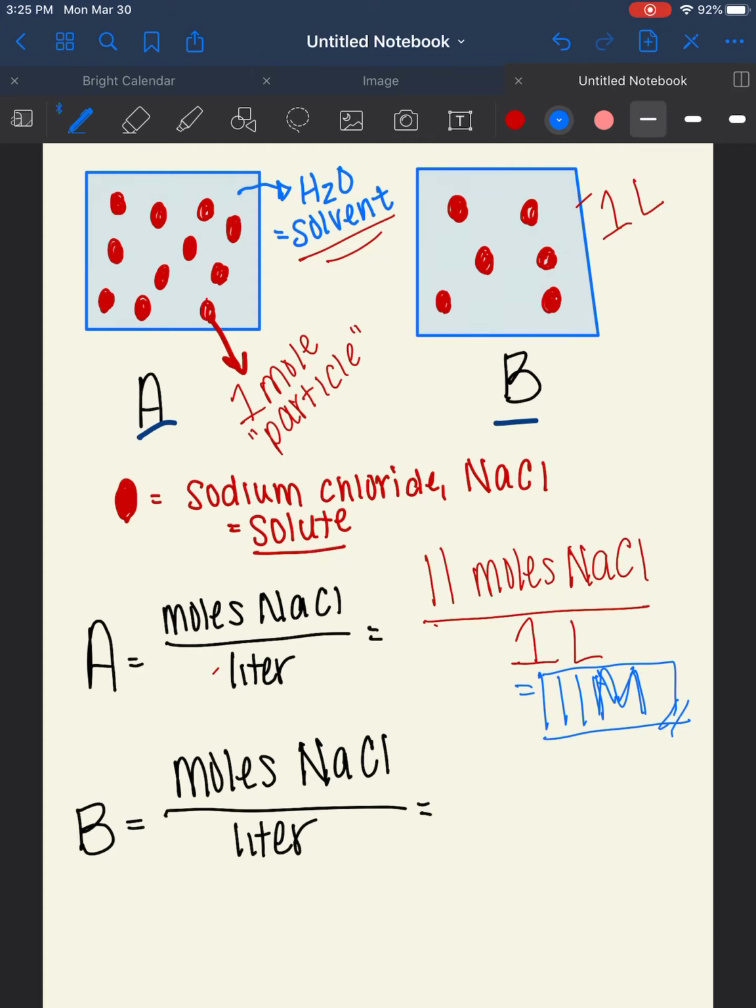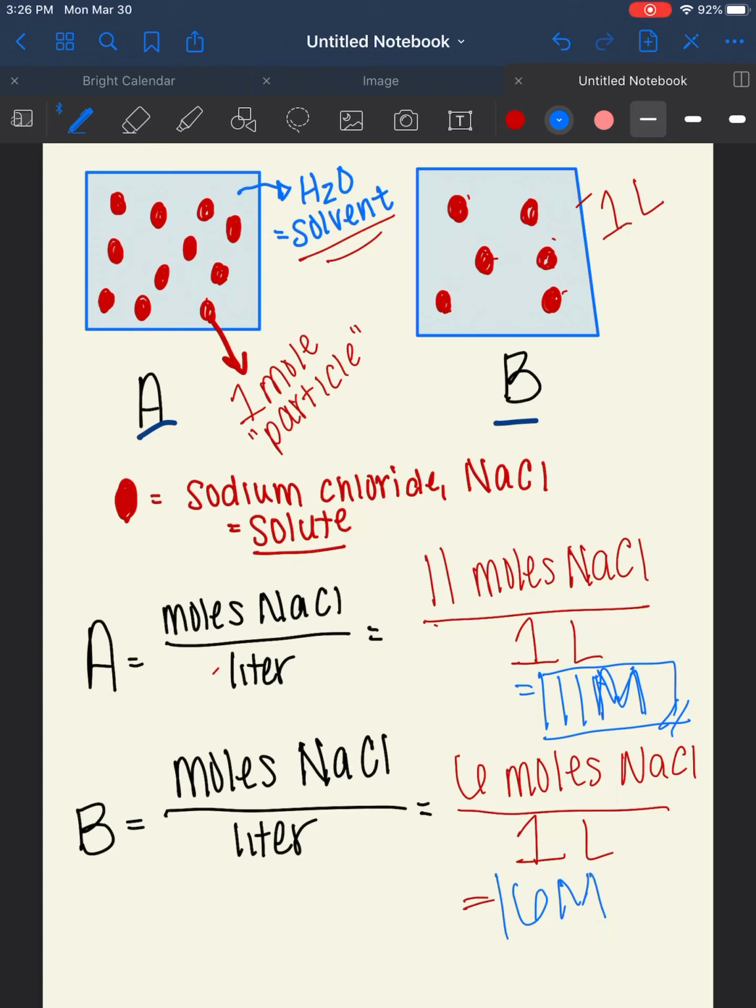Let's do the same thing with solution B. Solution B has 1, 2, 3, 4, 5, 6 moles of NaCl, again divided by 1 liter. So 6 divided by 1 would be considered a 6 molar solution.